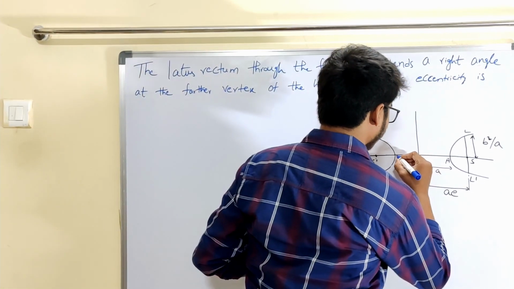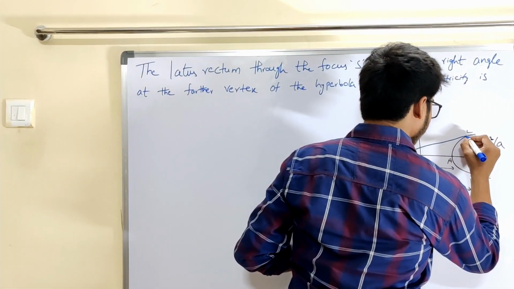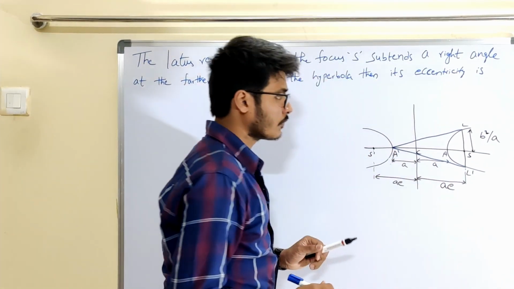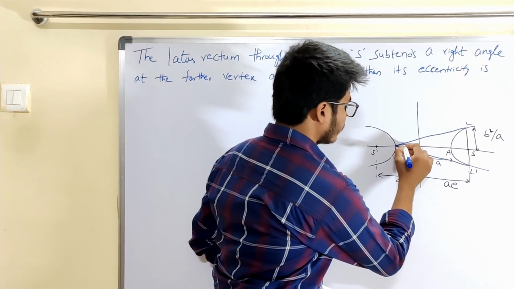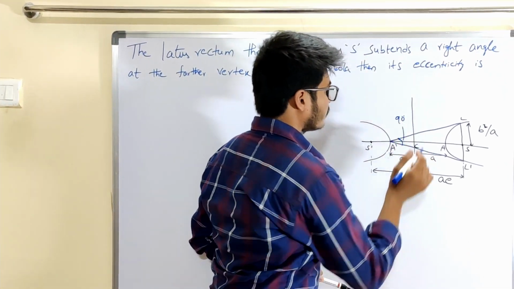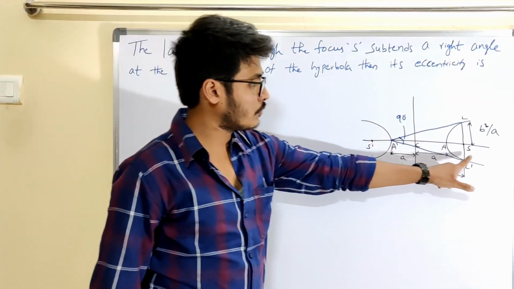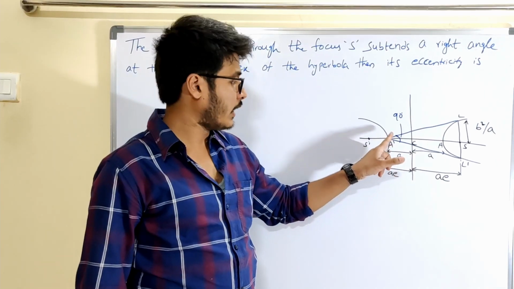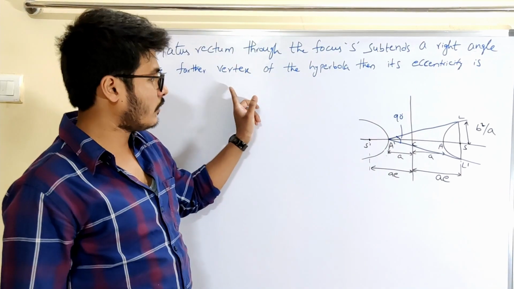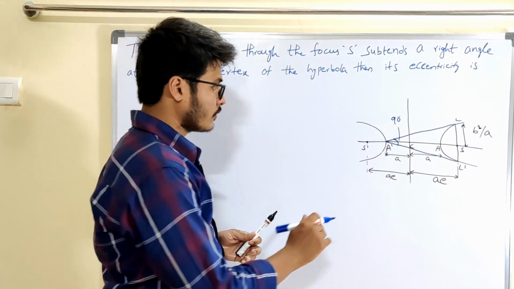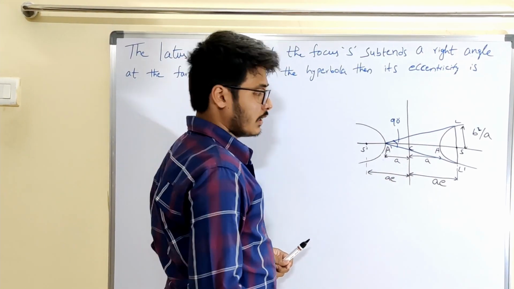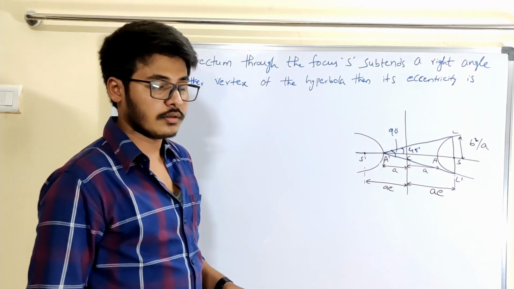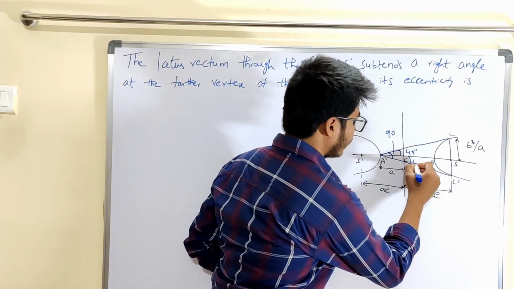The latus rectum through the focus S is making a right angle, nothing but 90 degrees at farther vertex. Farther vertex is A dash here. So we can write it as 45 degrees here and 45 degrees here. So it will be equally divided.